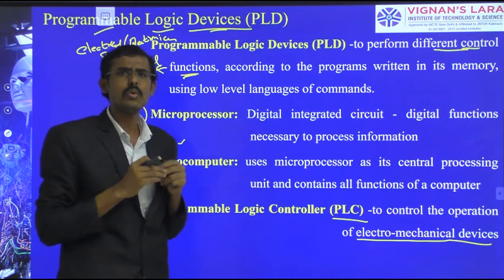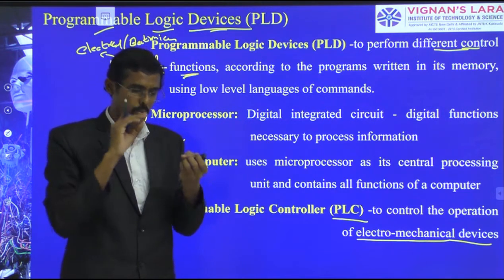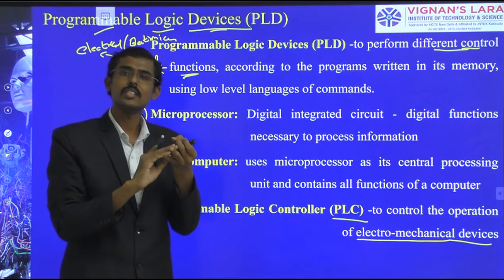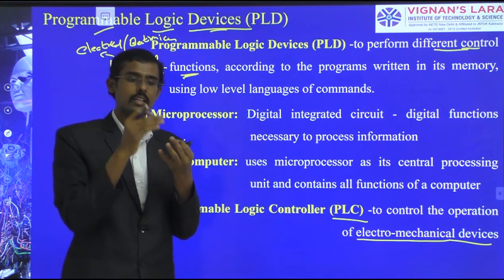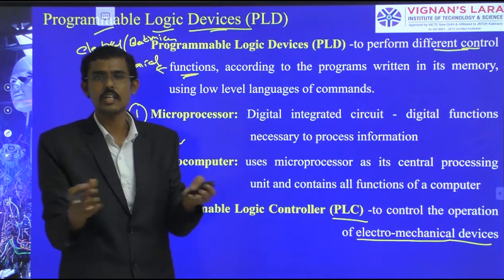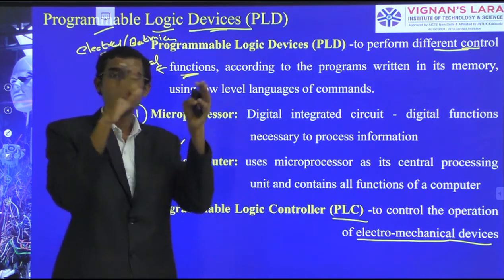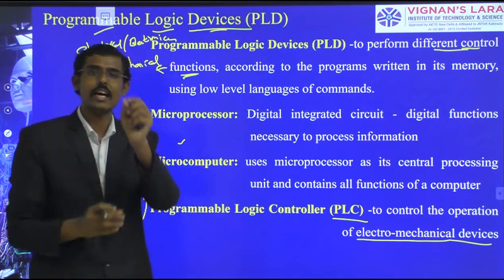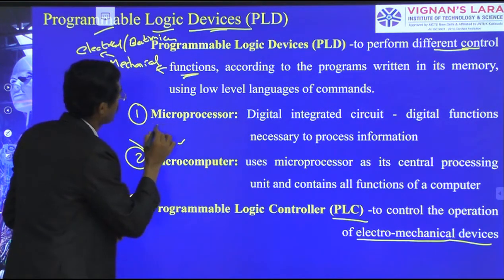Now we can think about a computer. This computer contains the memories, the various wirings of buses, the input-output ports, and the hardware of keyboards, mouse, monitors, arithmetic logical units, everything. Those computers have a part called the microprocessor.